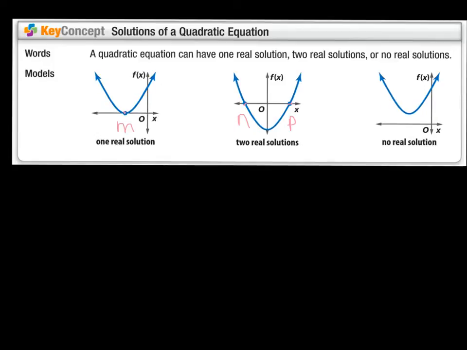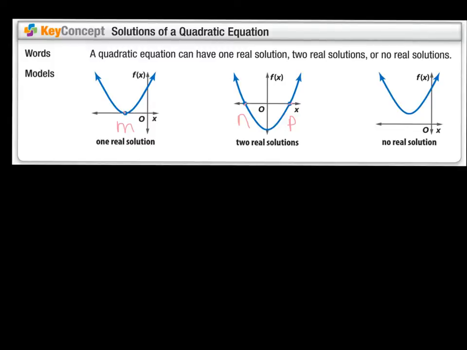So I went ahead and labeled these points. I labeled this point M, so that's just a number. I don't know the exact number here, but I'm going to call this number M. And this is going to be N, and this is going to be P, because I want to show you some notation that we're going to be using when we're describing what our solution is to our quadratic equations.